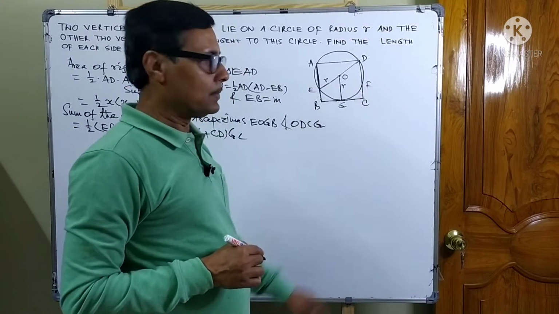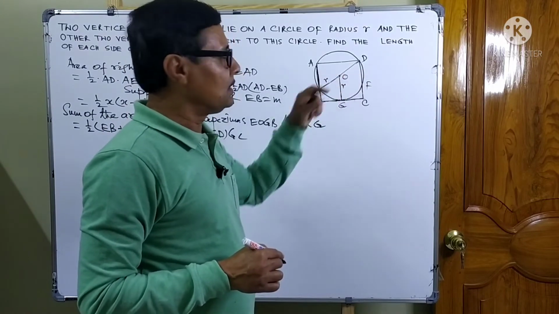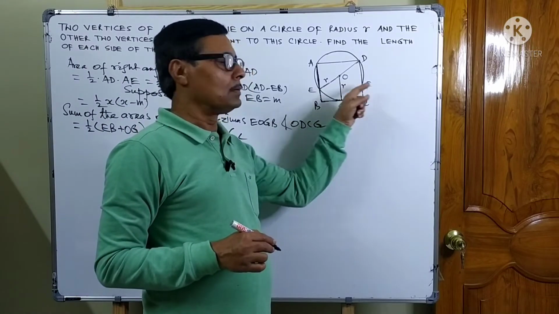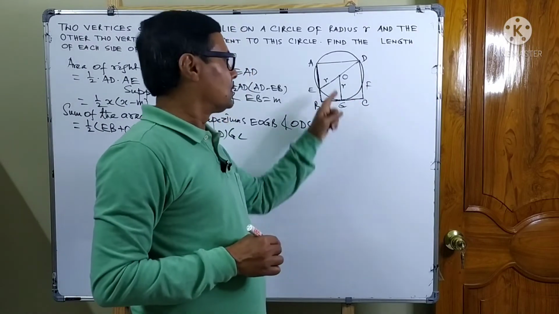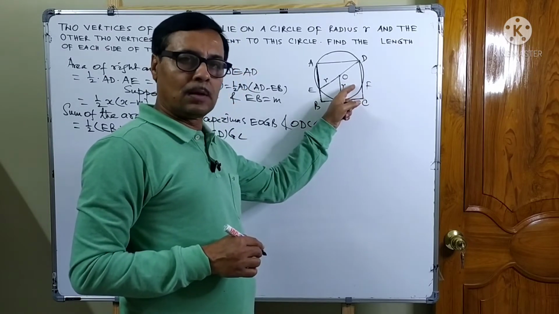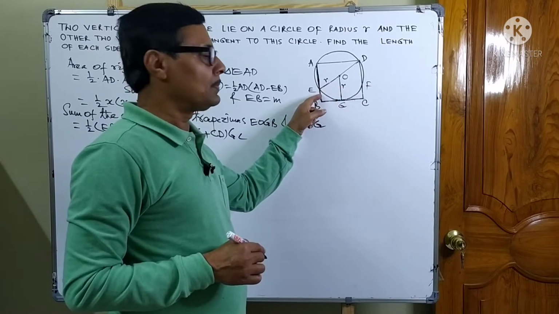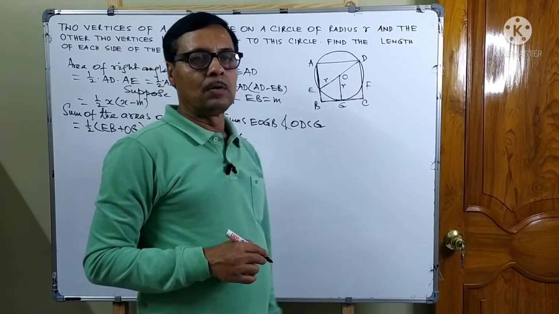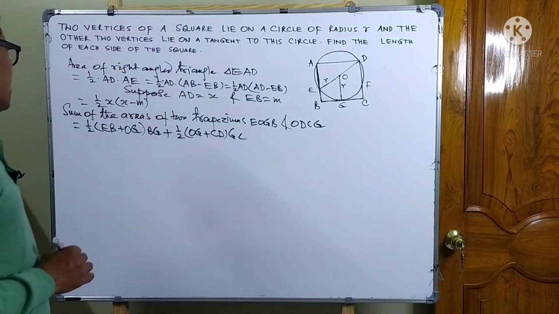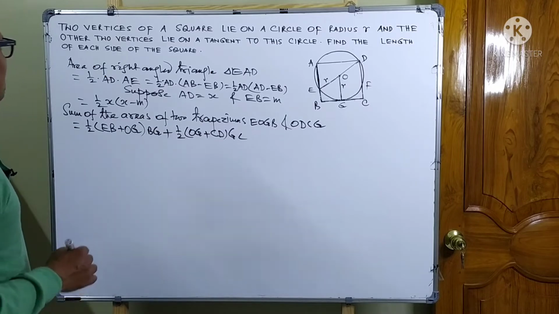So, OG and CD are two perpendiculars on the same line BC. So, they are parallel to each other. So, OG is parallel to DC. So, this is a trapezium and this is a trapezium because these two sides are parallel and these two sides are parallel.